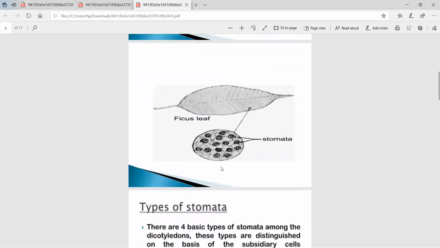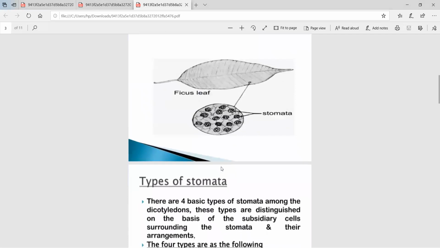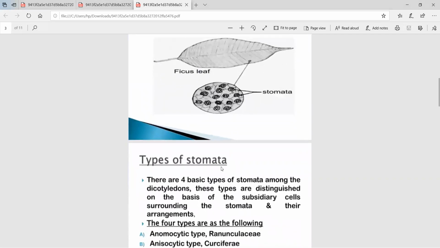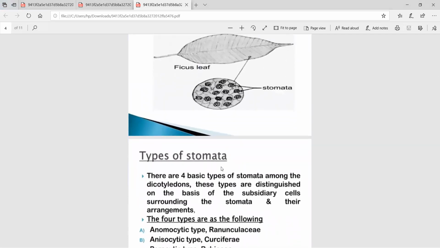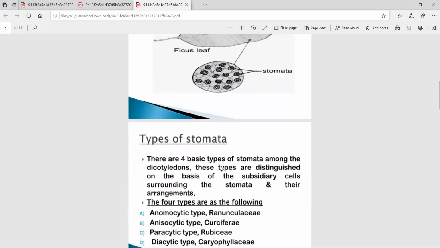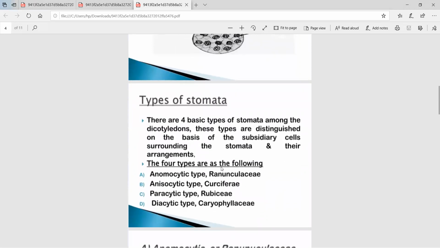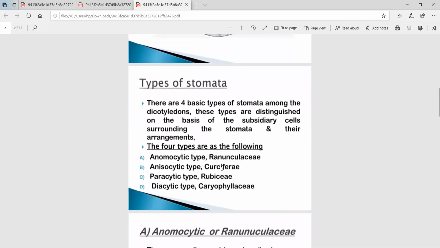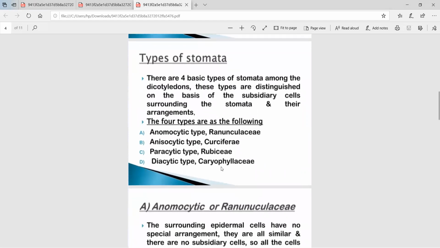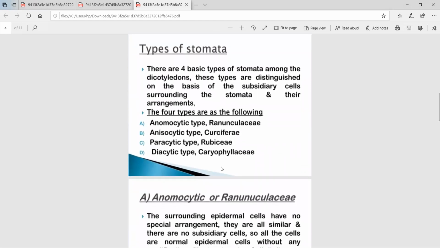Based on the arrangement of these guard cells and subsidiary cells, the stomata are classified into mainly 4 basic types, mainly in the dicotyledons. These types are distinguished on the basis of the subsidiary cells surrounding the stomata and their arrangement.